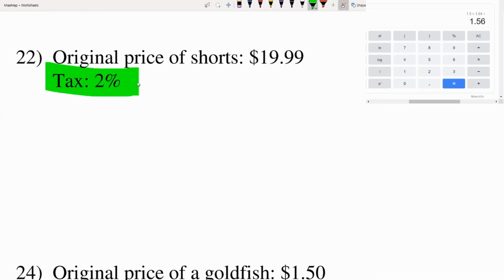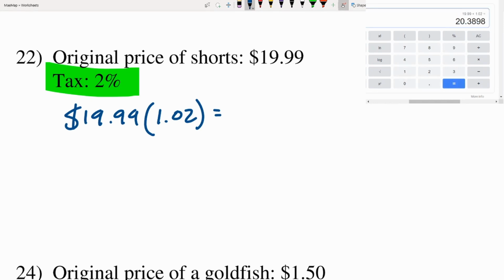A tax of 2% for an item that's originally $19.99. So that's $19.99 times 1.02, which is $20.39 after rounding.